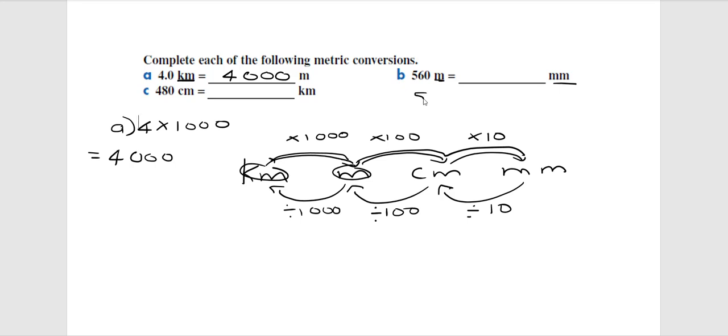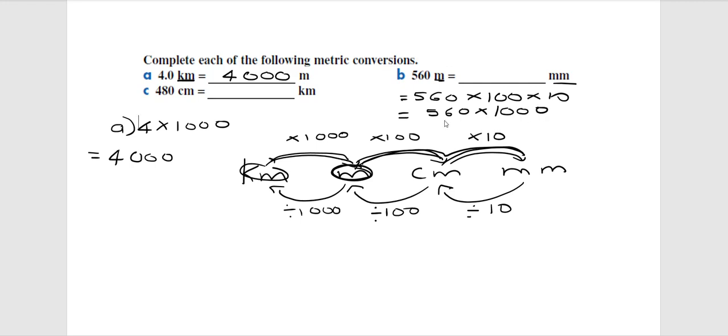So if I get my 560, I'm going to say, okay, times by 100, so I'm at meters, so times by 100 first. I'm not at millimeters yet, one more jump, times by 10. So if you write that as one number, 100 times 10 is, put the zeros together, we just have 1,000.